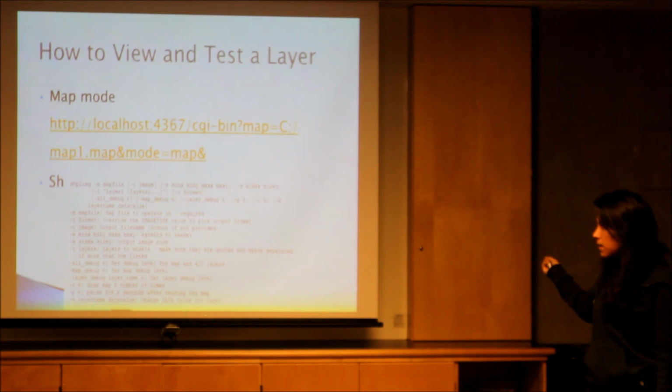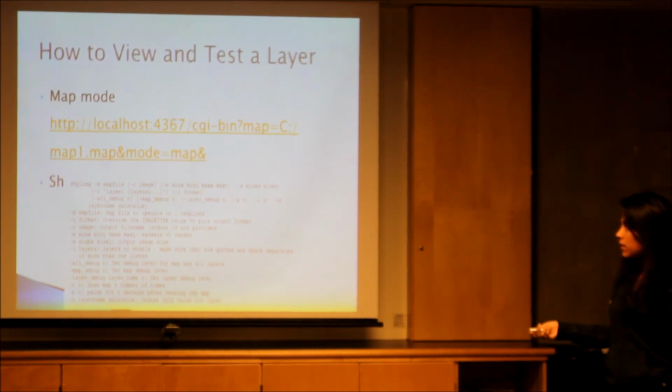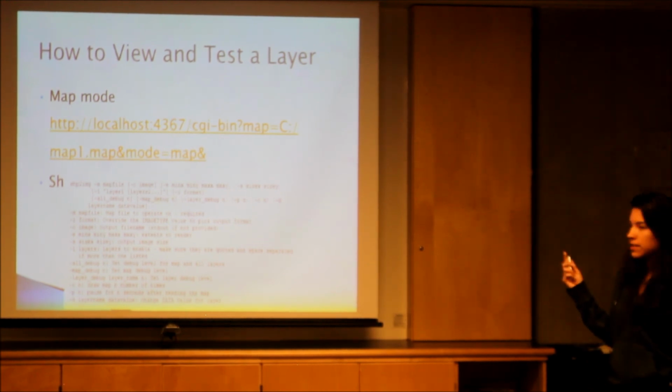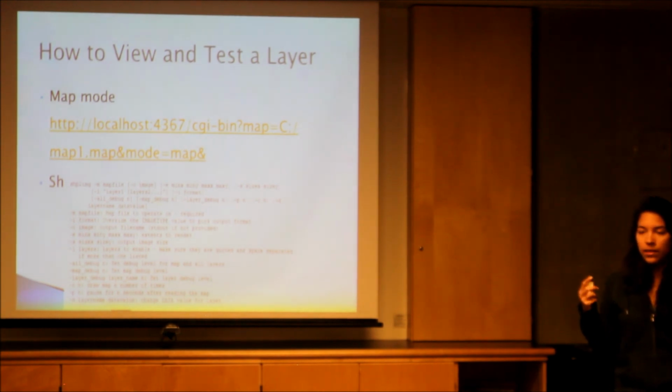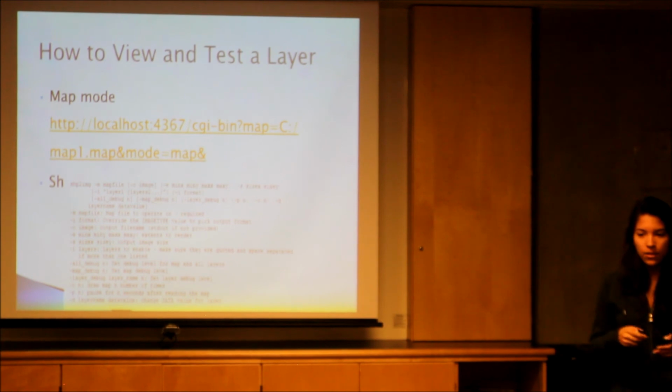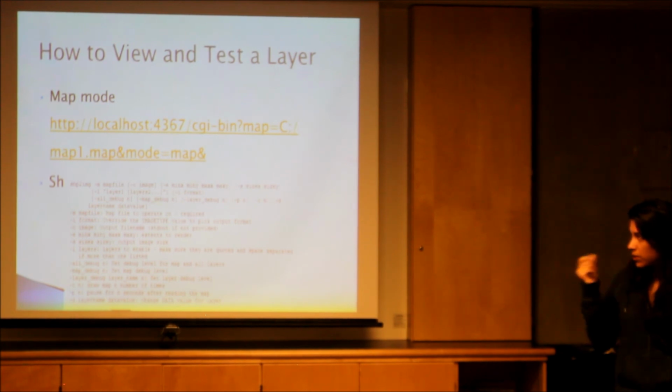And the other thing, if you want to test a layer, the problem with MapServer is that there isn't a tool that says you have this syntax error or this configuration problem. But there is a tool that you can run on your command line.